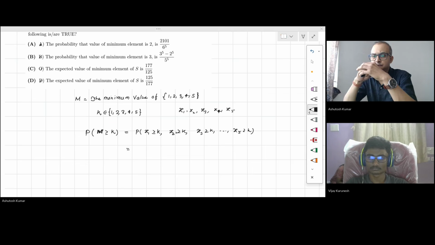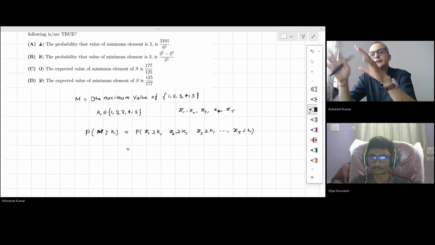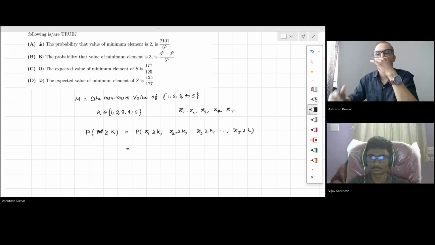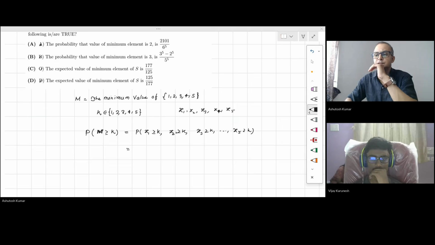Now each number, tell me, the integer is lying between where to where? 1 and 5, sir. 1 and 5. So how do we create this whole thing? Let's say I'm just saying that xi is greater than k here.